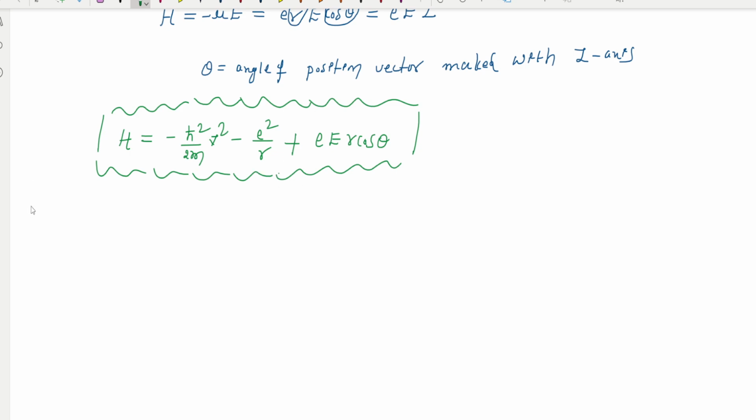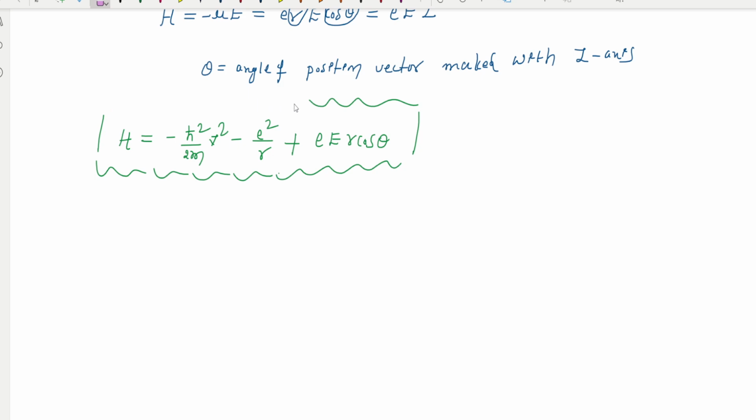So the ground state of hydrogen atom in this situation is non-degenerate, and the first order correction to the energy levels, the ground state only. Okay.